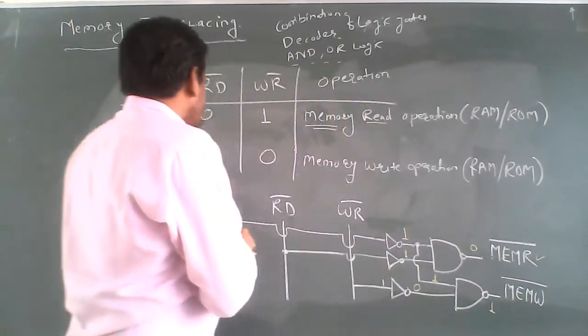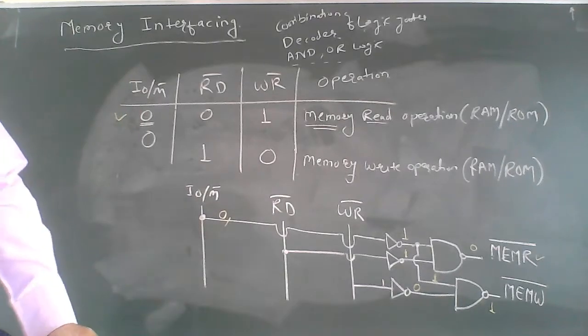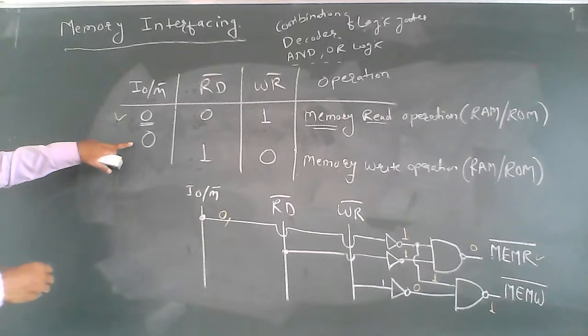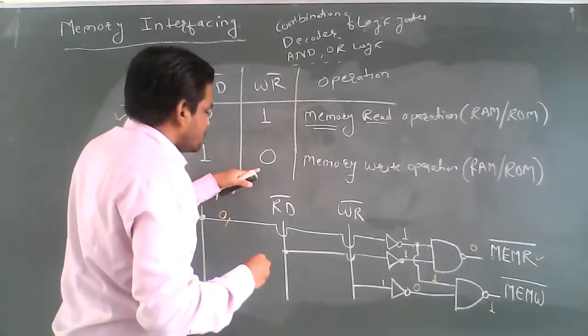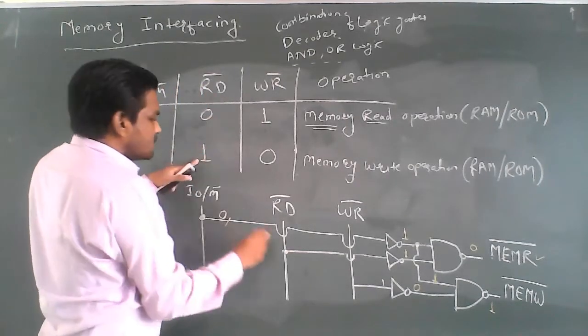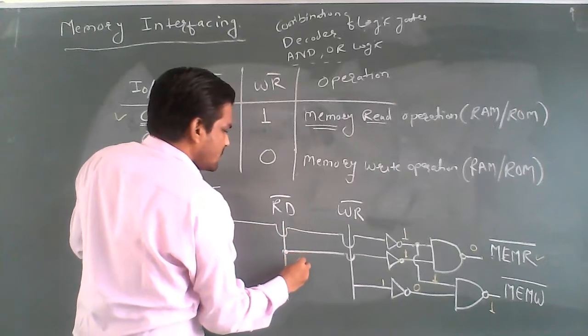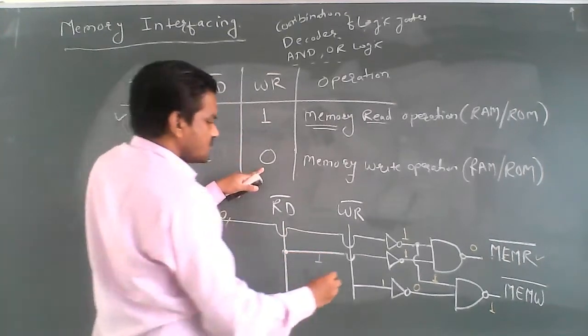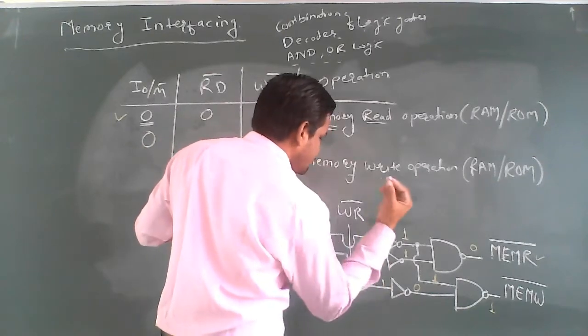Now we'll check another combination, 1 and 0. Here RD bar is equal to 1, so this is equal to 1, and this is equal to 0. I am using another color pen.